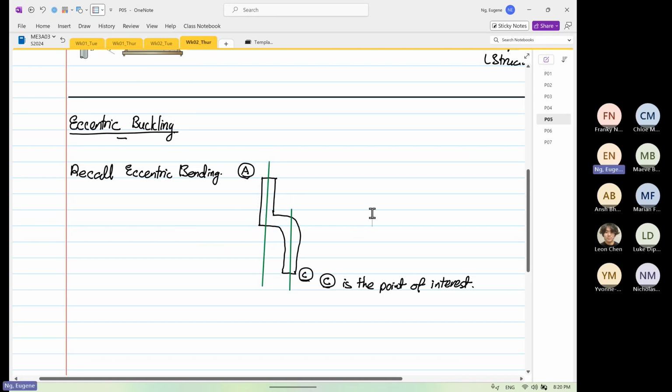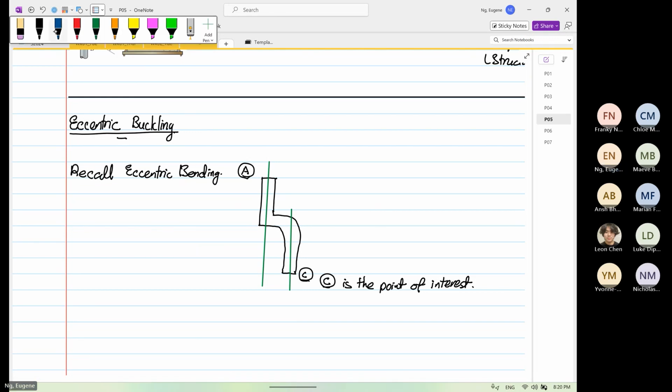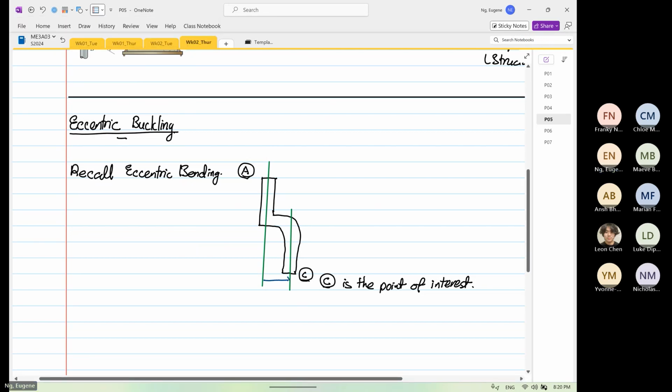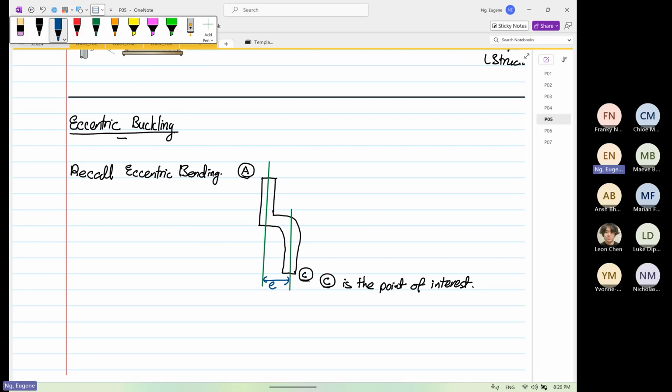The distance between the two green lines, this distance over here, is E. Point C is the point of interest.